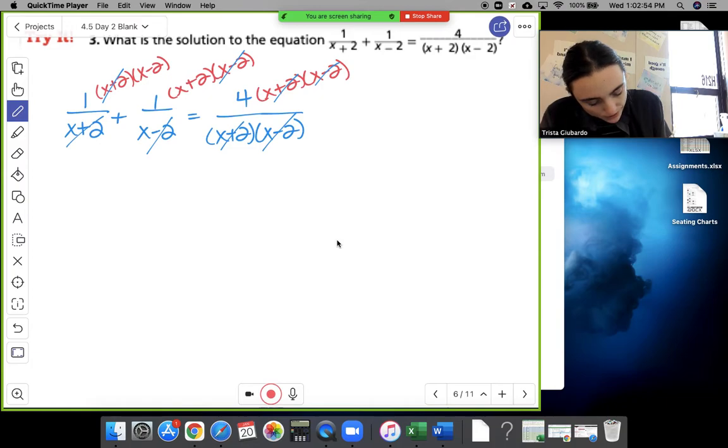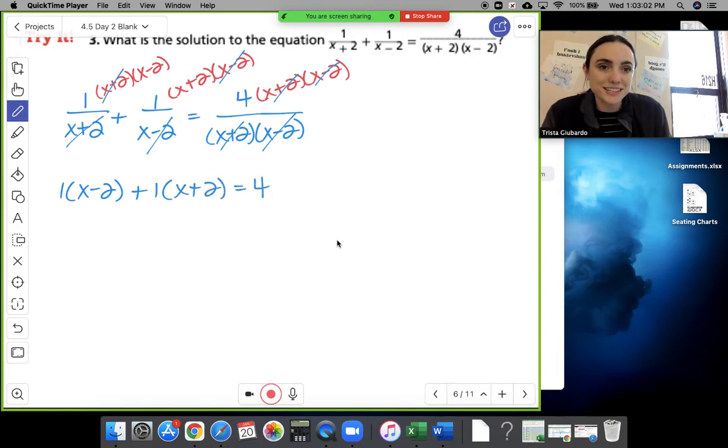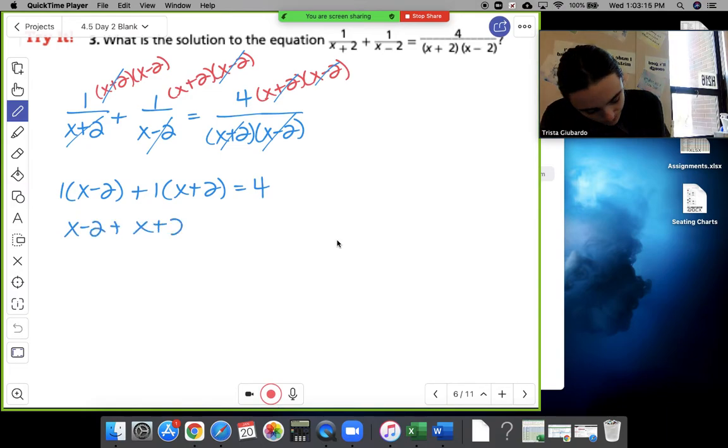So I am left with 1 times the x minus 2 plus 1 times the x plus 2 equals 4. Multiplying by 1 doesn't really do anything. You don't really need to write that part. I'm just showing what was there times what was left. Again, you can go straight into just writing x minus 2 plus x plus 2. It's fine. Let me just rewrite that really quick.